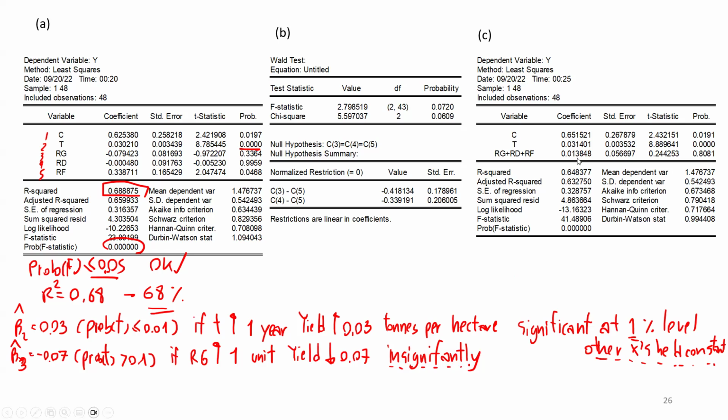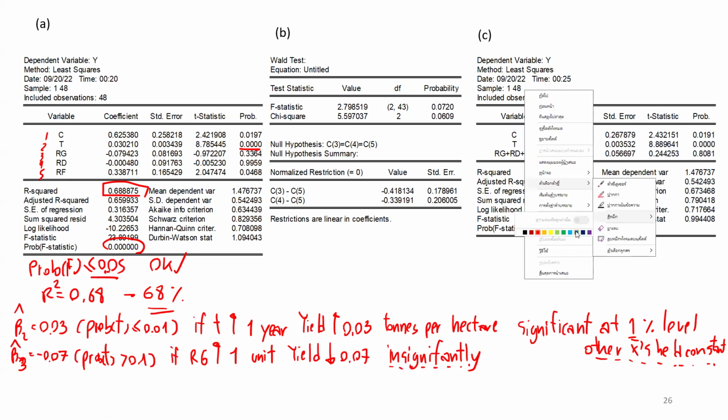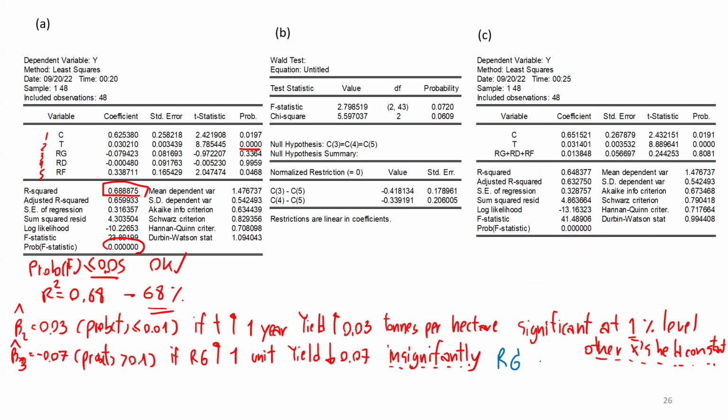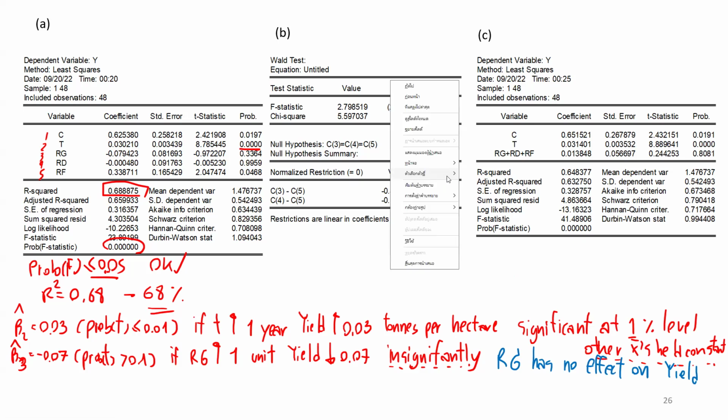Alternatively, you can say that rain has no effect on yield, which doesn't make sense because if you do something in agriculture, it depends a lot on the rainfall, and then the model said that the rainfall has no effect on yield, so you feel like, oh, it's not a good reason to explain.